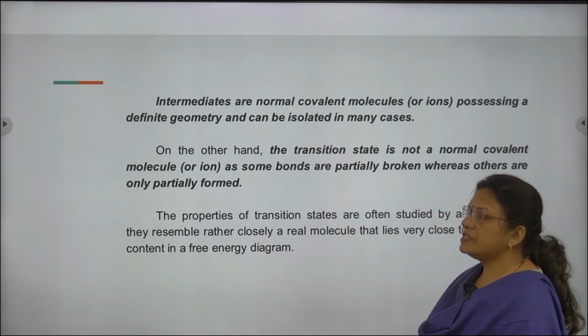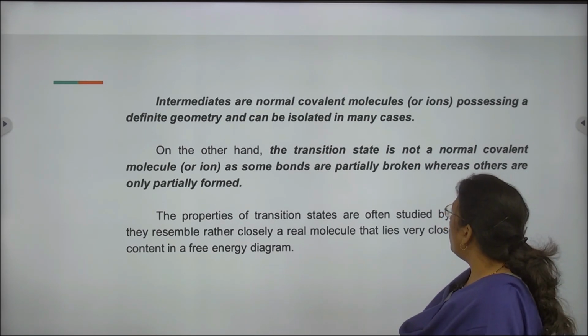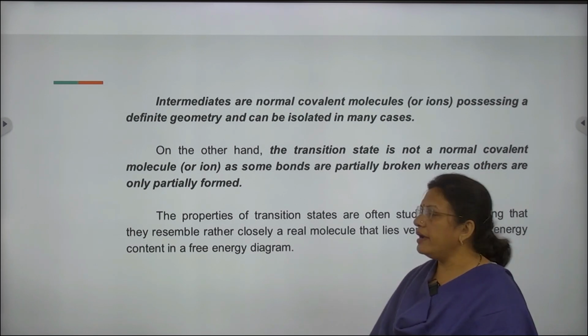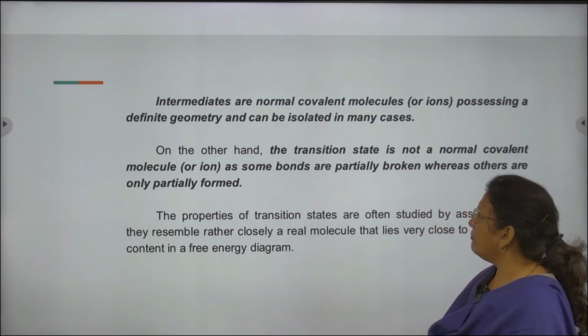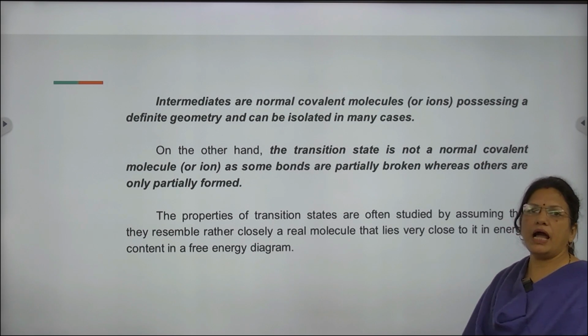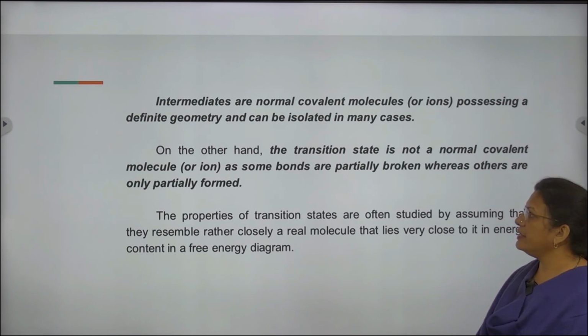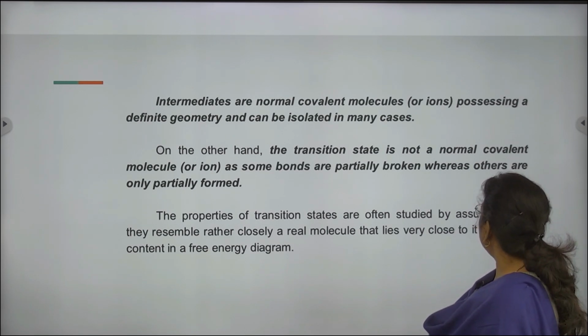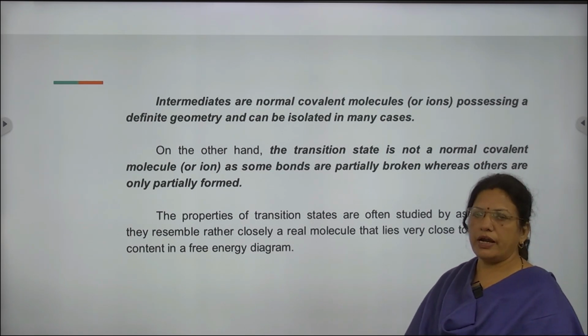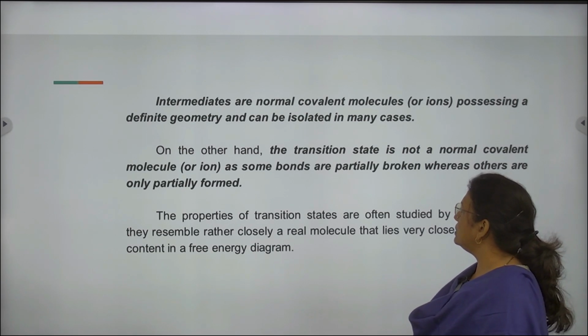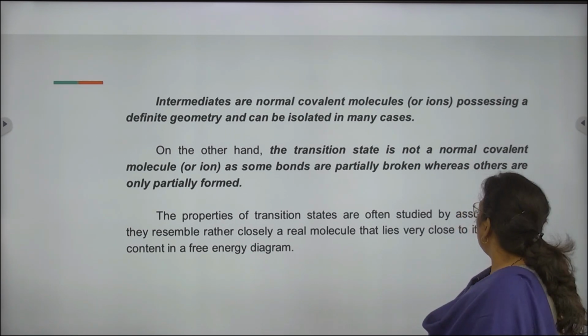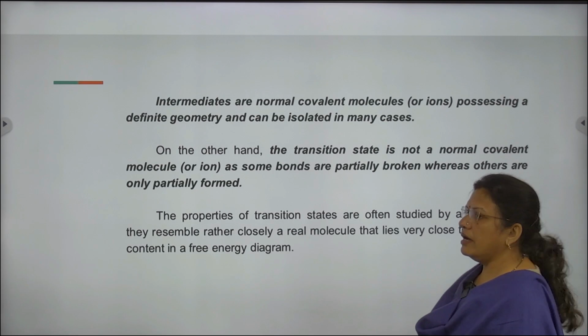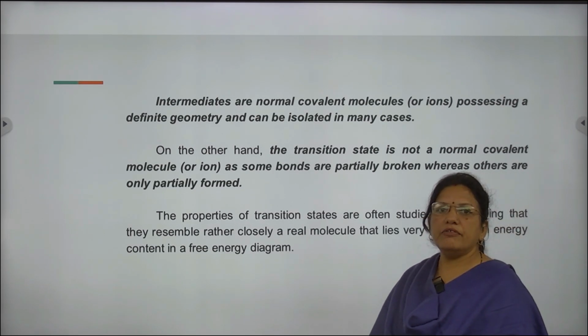Here intermediates are normal covalent molecules or ions possessing a definite geometry and can be isolated in many cases. On the other hand, the transition state is not a normal covalent molecule or ion, as some bonds are partially broken whereas others are only partially formed.